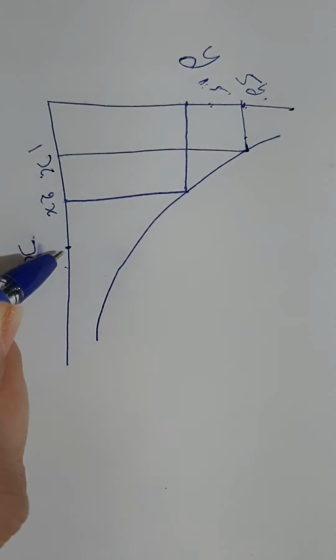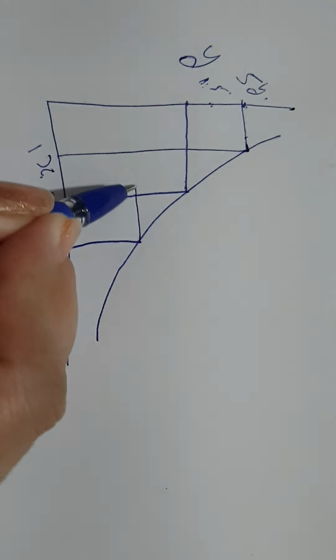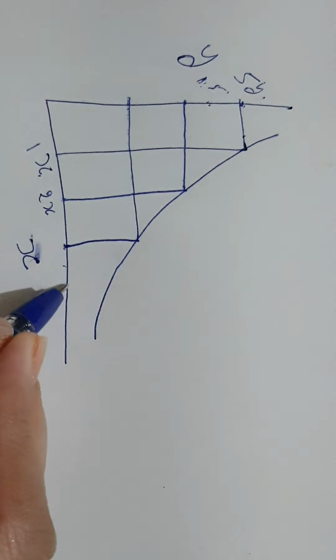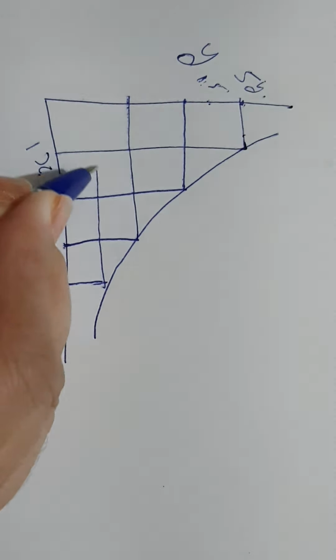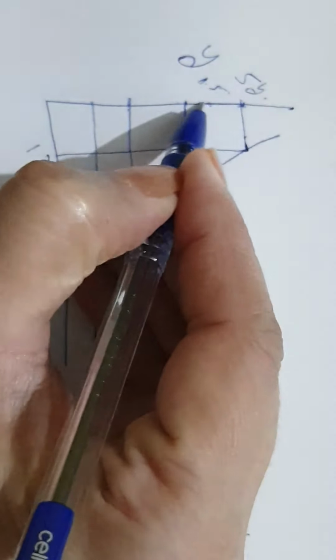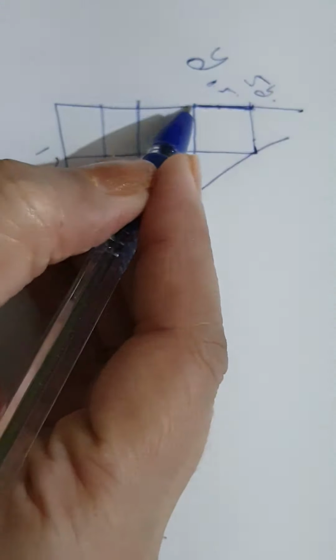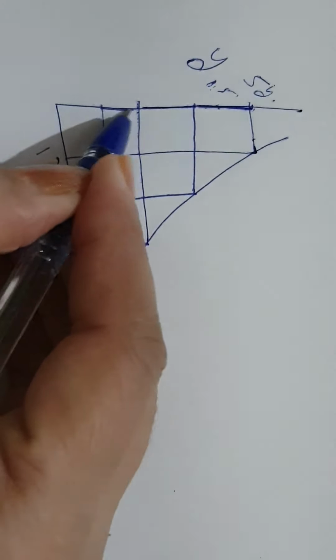Again you are increasing consumption of x, and again you are sacrificing some y. Again you are increasing consumption of x and sacrificing consumption of y. If you see, this line is longer than this, and this is longer than this.